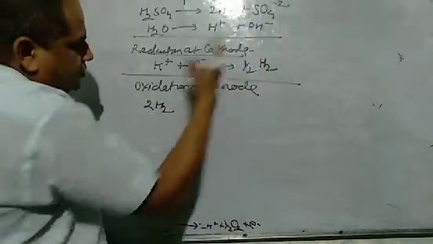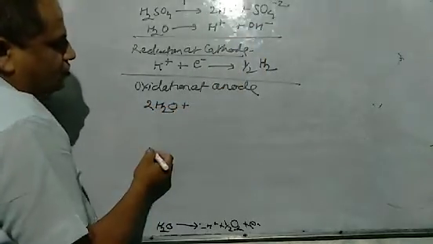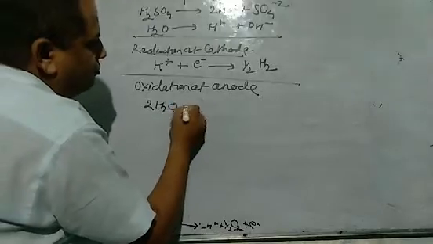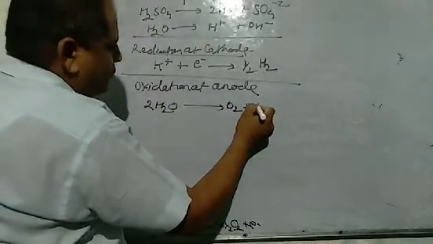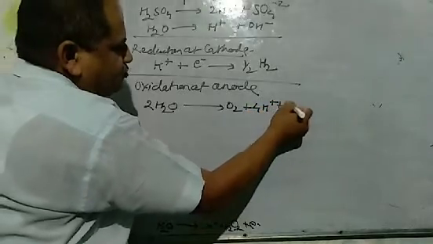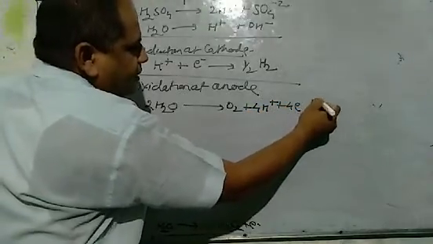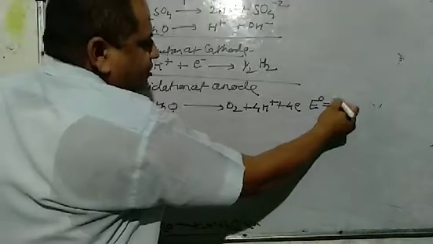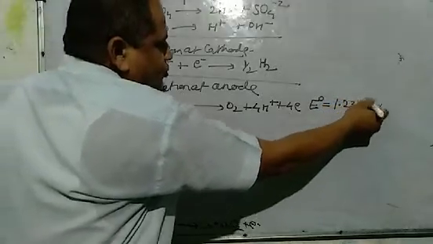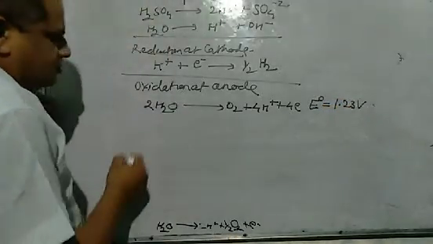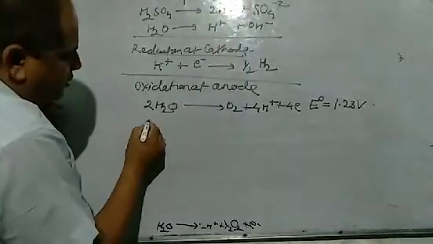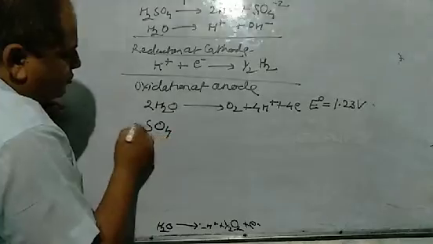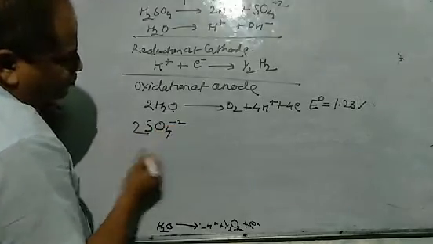For this, 2H2O gives O2 plus 4H+ plus 4 electron, and the standard electrode potential for this is 1.23 volt. And the second is the sulfate ion, 2SO4 2-.